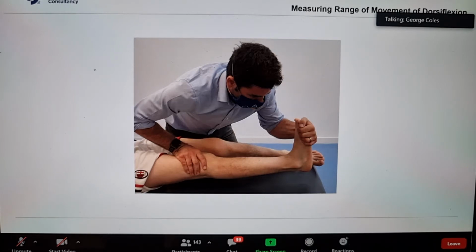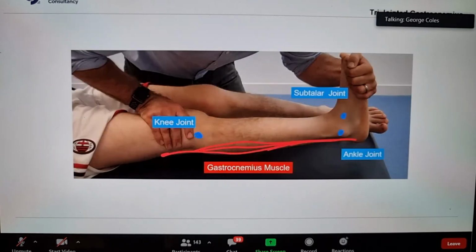But we would take measures of this. This would probably be one of the most important ones in terms of what we can achieve in the AFOs, and the reason we do it like this is to look at the gastrocnemius muscle. I was always taught at uni that it's a bi-jointed muscle, but it's actually tri-jointed because of the subtalar joint on the other side of it.